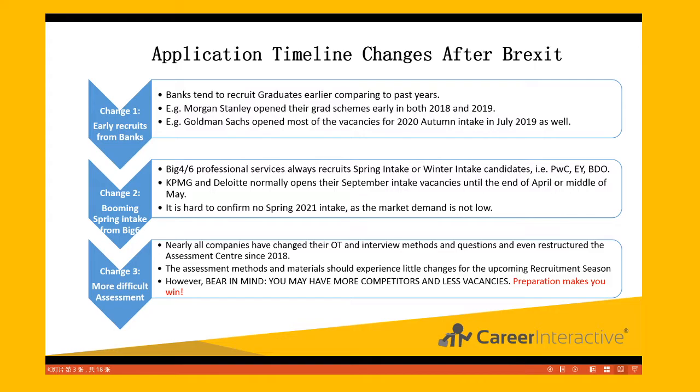For the details about the visa, I'm not going into details in this session. If you are interested in the visa policies, you can review the session we delivered last Thursday, or you can request the details by emailing us.